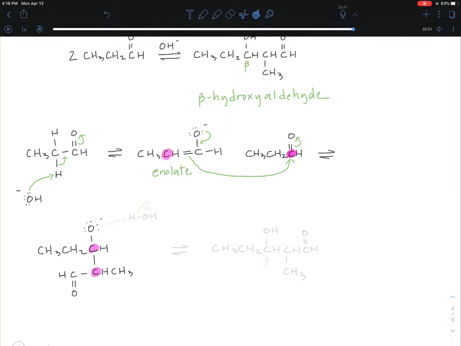And if I have conjugate acid in solution, because we've used the hydroxide ion to deprotonate the alpha carbon, I have some water floating around, I can protonate that, and I get, let me draw this a little clearer.